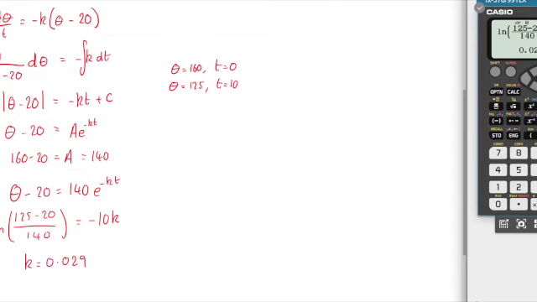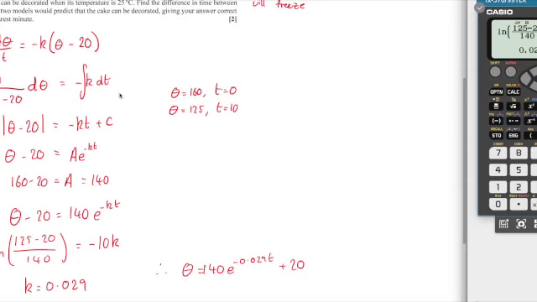That's 0.029. So therefore, we've got theta equals 140 e to the minus 0.029 t plus 20.